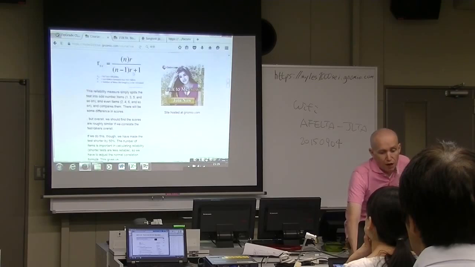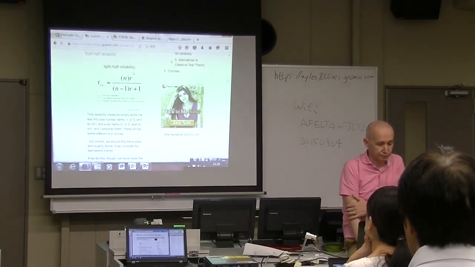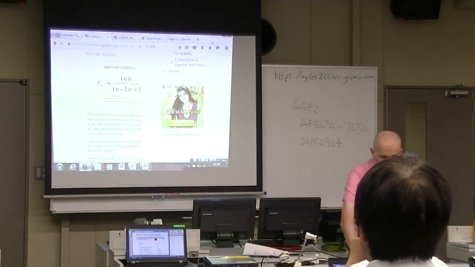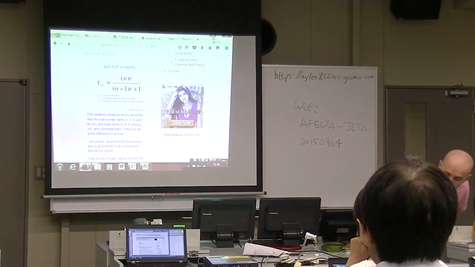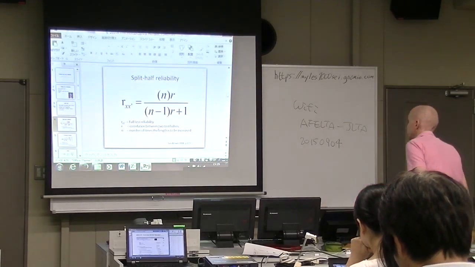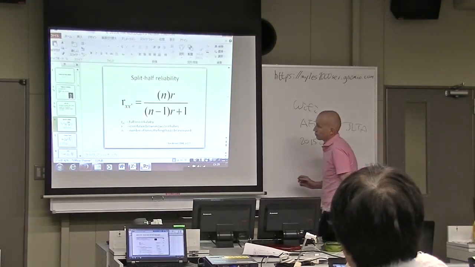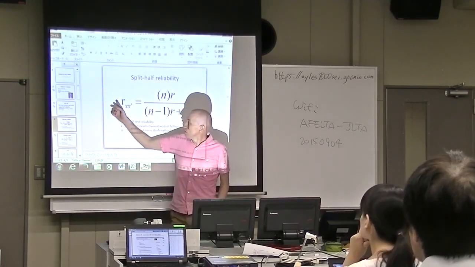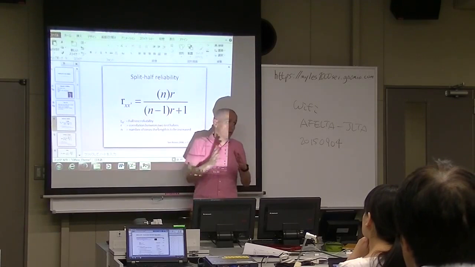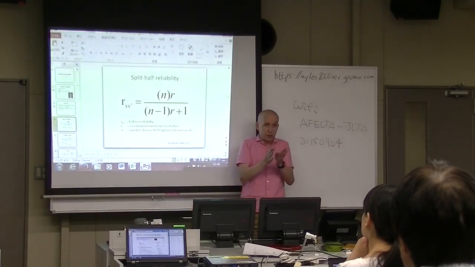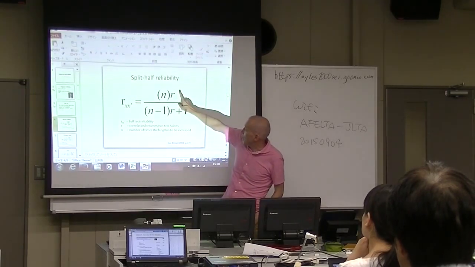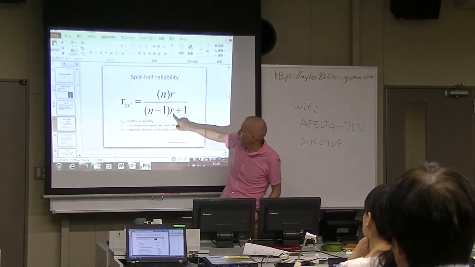So here's the split half reliability formula. Very briefly, this is the ultimate number we're going to get, that we've altered because we've made the test shorter, so we compensated a little bit. We have R here and here.